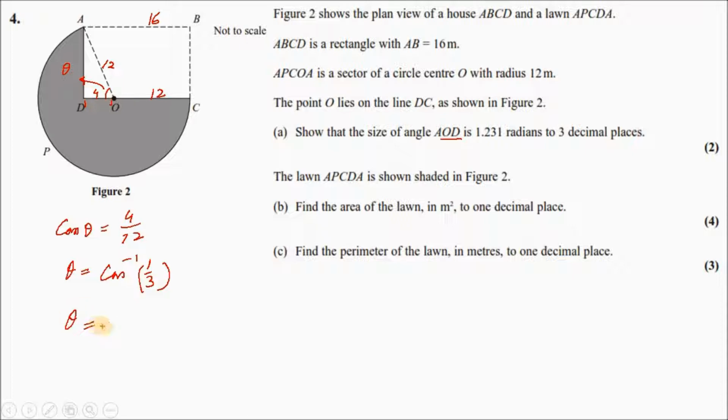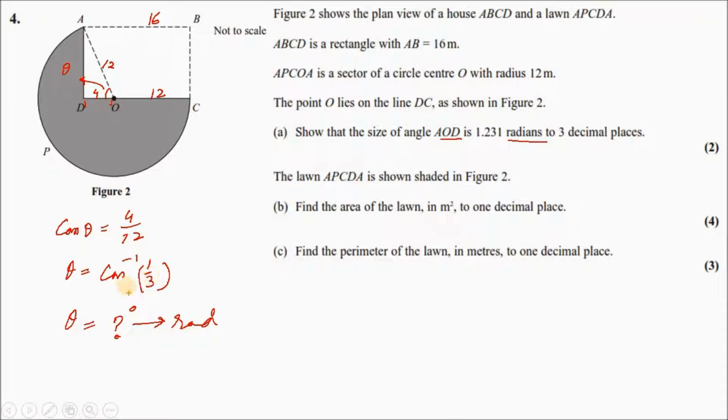But remember, generally students get confused, or keep forgetting to change the calculator from radian to degree, because we need to give the answer in radians. So you have two choices. If your calculator is in degree, this answer will be in degree, and then you can change this into radian later on. But in my opinion, you must have a habit of checking the mode, so make sure you use the correct mode of calculator.